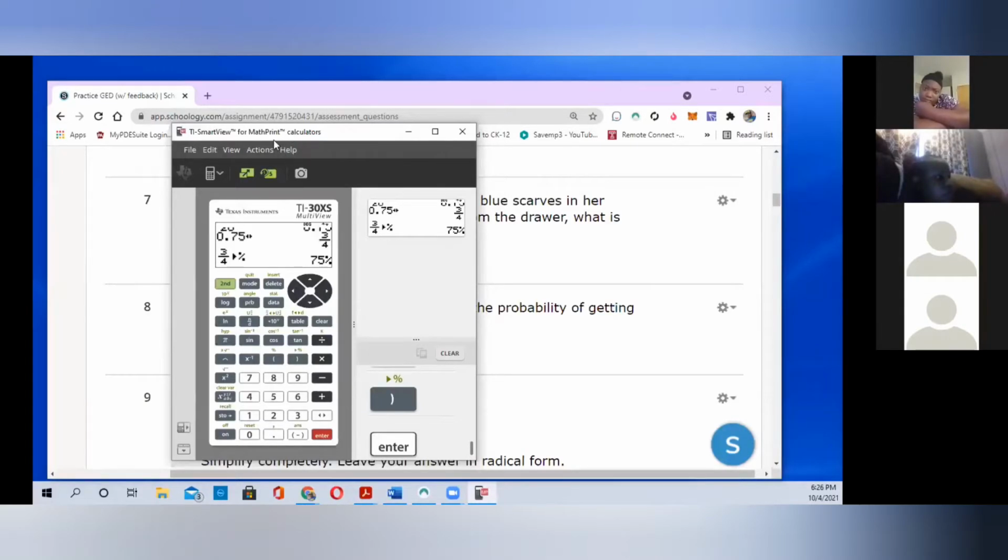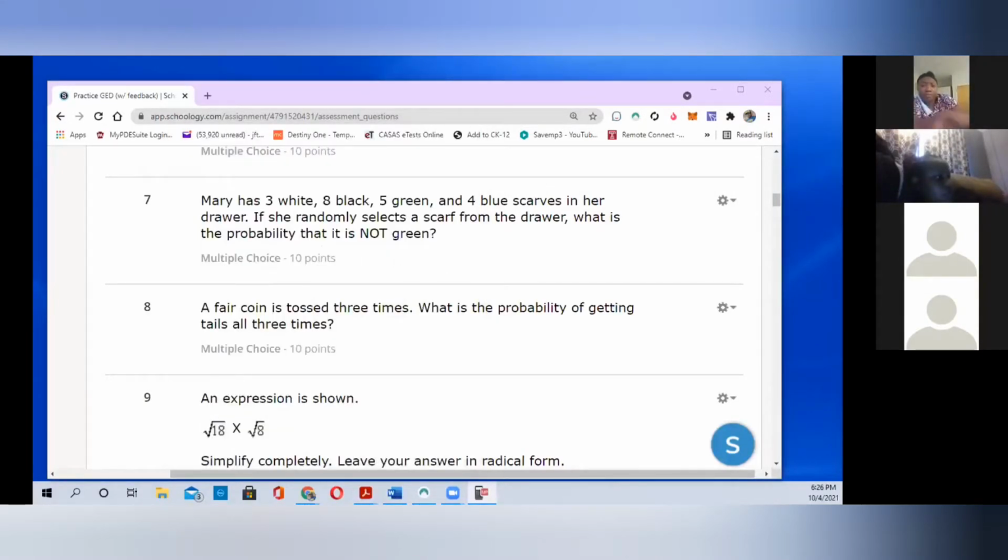So for example, let's look at number 6. If I want to know the probability of white, the probability of black, the probability of green, and the probability of blue, what will be the probability that I will pick a white? 3 over 20.